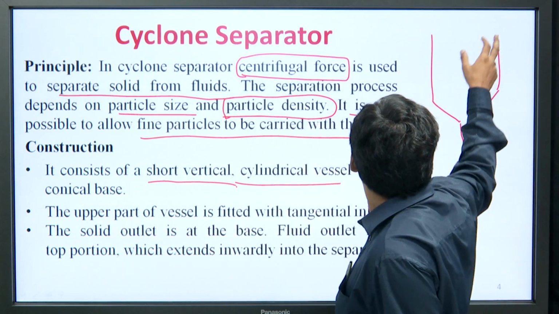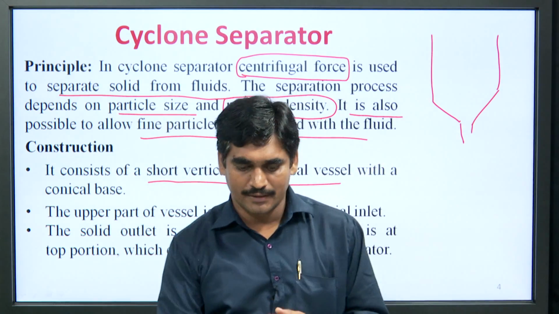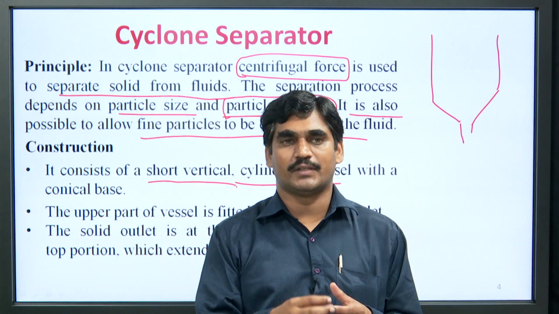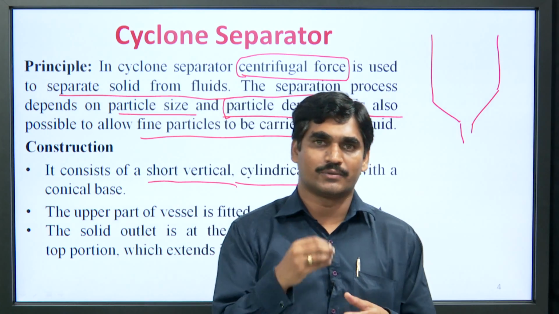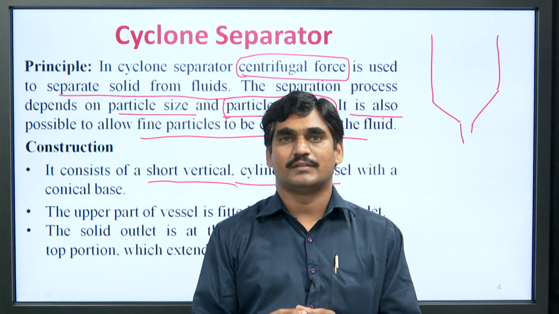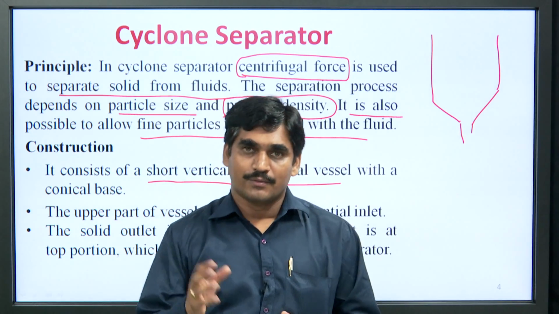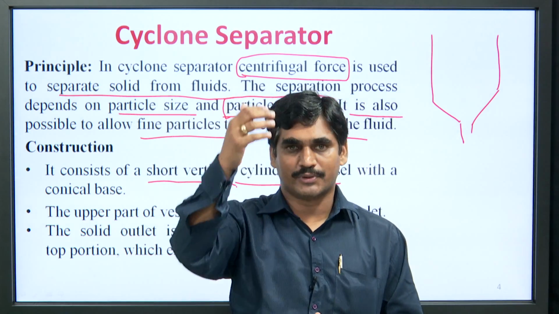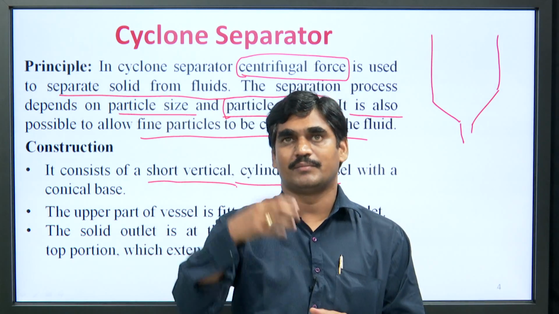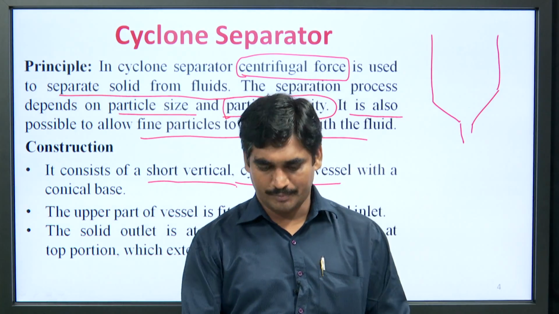The upper part of the vessel is fitted with a tangential inlet through which the substances which we are going to separate enter into the cyclone separator, and a solid outlet is collected from the base or at the bottom of the container. Fluid outlet is at the top portion through which the fluid which is entering into the system can be collected or sent to the separator.